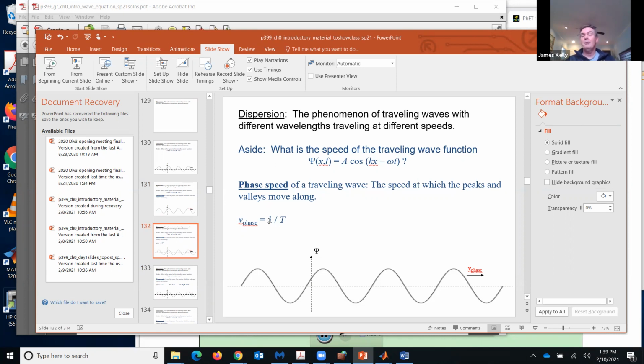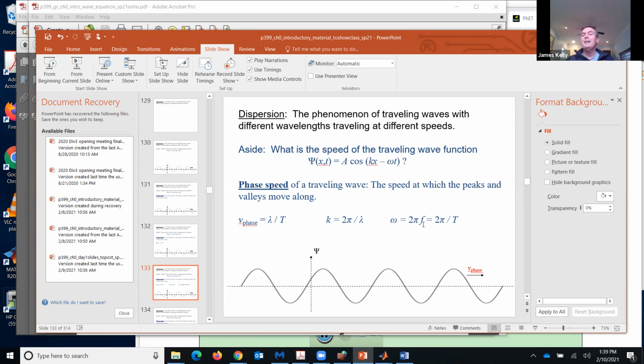Now we've got to remember our relationships between lambda and K and T and omega. Most of you probably have burned into your brain by now, hopefully. K is 2 pi over lambda. They're just two ways of measuring the same thing. So for each K, there's a wavelength, and this is the relationship between them. Same thing for angular frequency and linear frequency, which I'm calling F here.